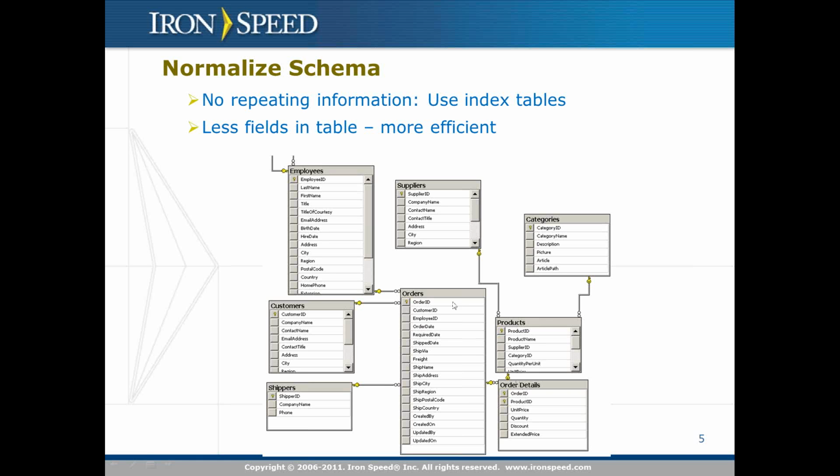Technically, you can assume, for example, that my shipper information will be completely in the order, but it's not the right design. You need to put shipper information in the shippers table, customer information in the customers table, employee information in the employees table, and so on. And you need to put only the foreign key in the so-called index table. So in this case, the orders serve as an index table, and all other tables serve as detail tables.